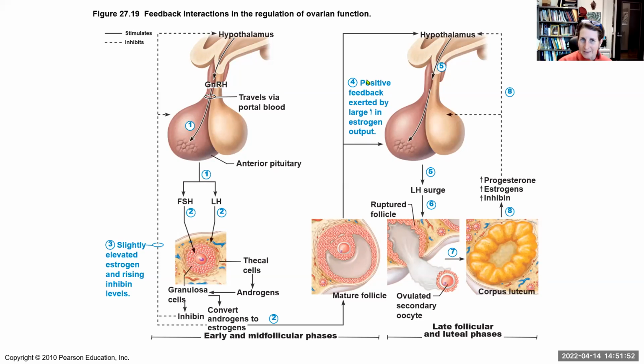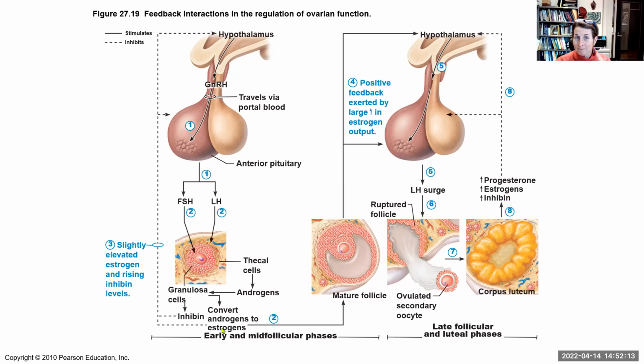So essentially, the key piece here is both LH and FSH are going to increase the amount of estrogen that's being made. Slightly different targets, slightly different pathways, but they're both increasing the estrogen. And that's going to do a couple of things, of course.